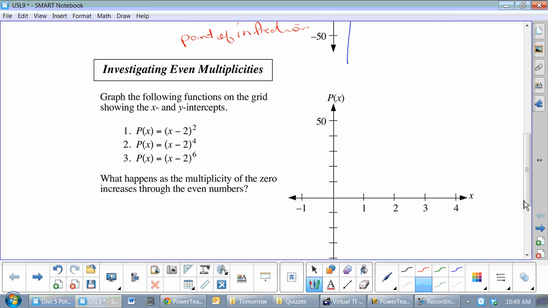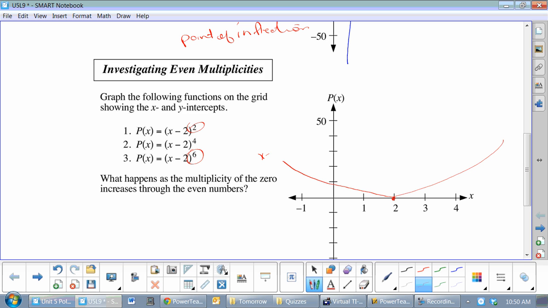Okay? Now, what would you assume before even doing this one? Okay, so if x minus 2 squared, what's happening at where? Okay, it would be happening at point 2, and now remember this has a 50 as a, so it's doing something kind of like this.